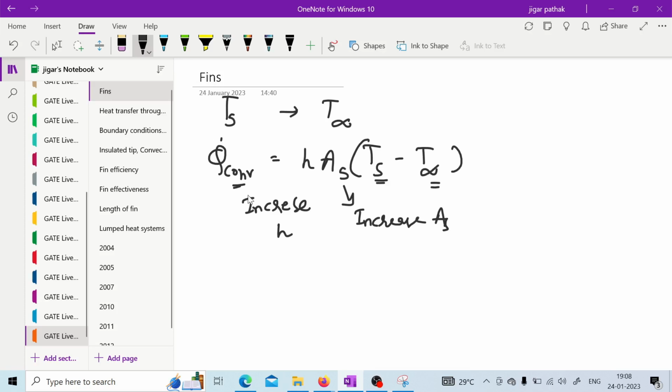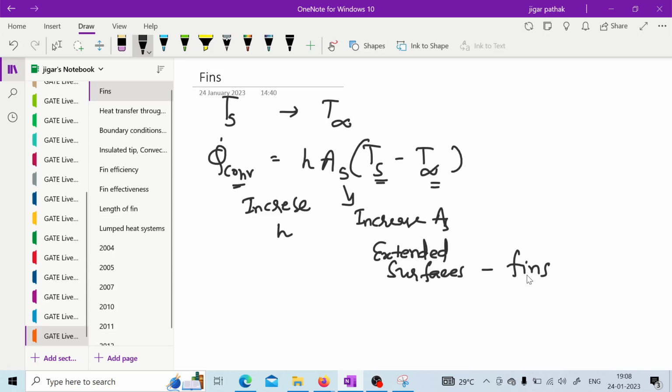In natural convection, this h is very less. So the only option we have is to increase this area. For that, extended surfaces are used. These extended surfaces are nothing but fins. This is how we have the importance of fins in heat transfer.